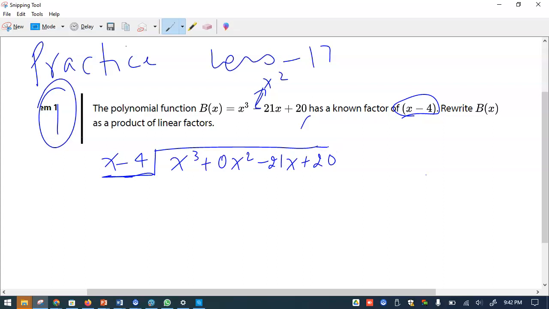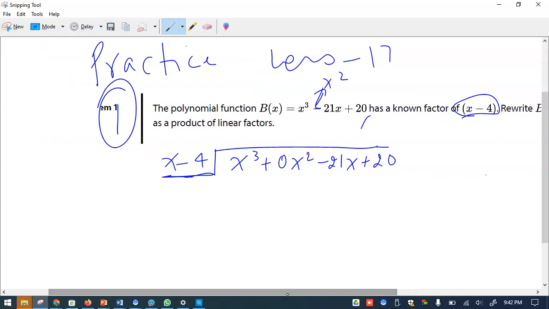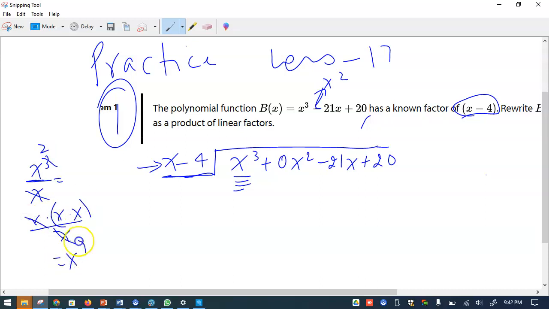Now, step 1: look at this x cubed and this x. You just divide x cubed by x, and you see one x cancels, the 3 goes to 2, right? So you get x squared.